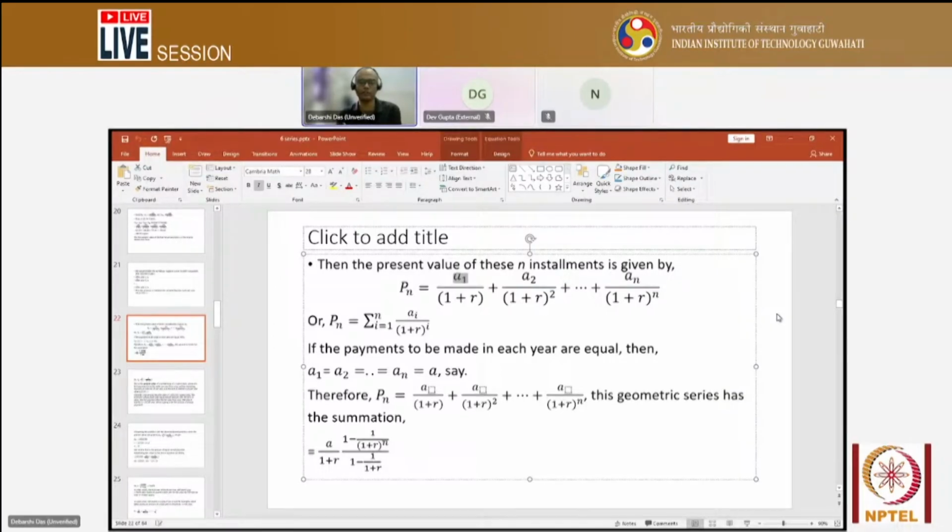What is the amount of interest? A1 divided by 1 plus R multiplied by R. So if you add the principal and the interest, what are you going to get? A1 divided by 1 plus R multiplied by 1 plus R. So ultimately you are going to get A1, right? So that is what you are supposed to get in the next period.